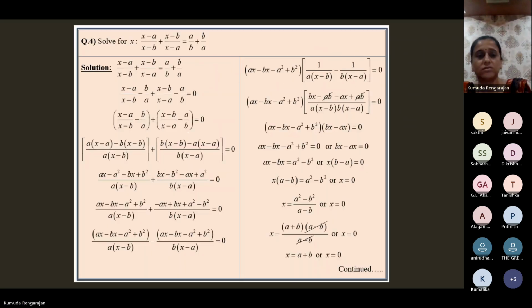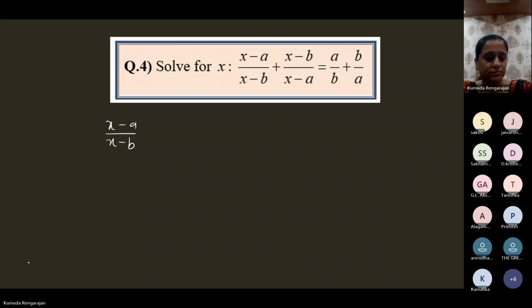And just leave some space. See that, plus x minus b by x minus a. Now we have to bring both the terms to the left hand side. Now we have something like a by b here, right?